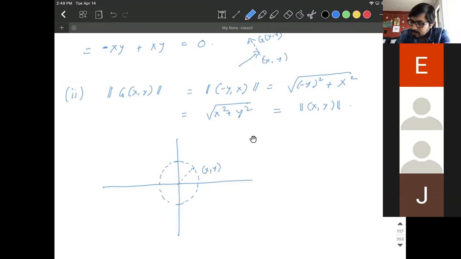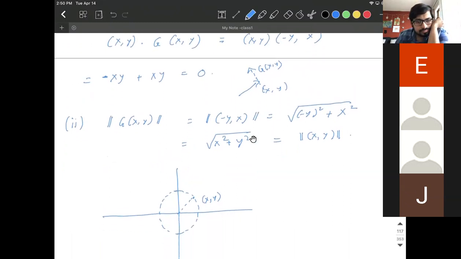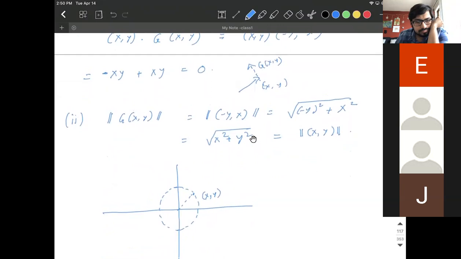So where does this (x, y) go to? Exactly, that's the right answer.